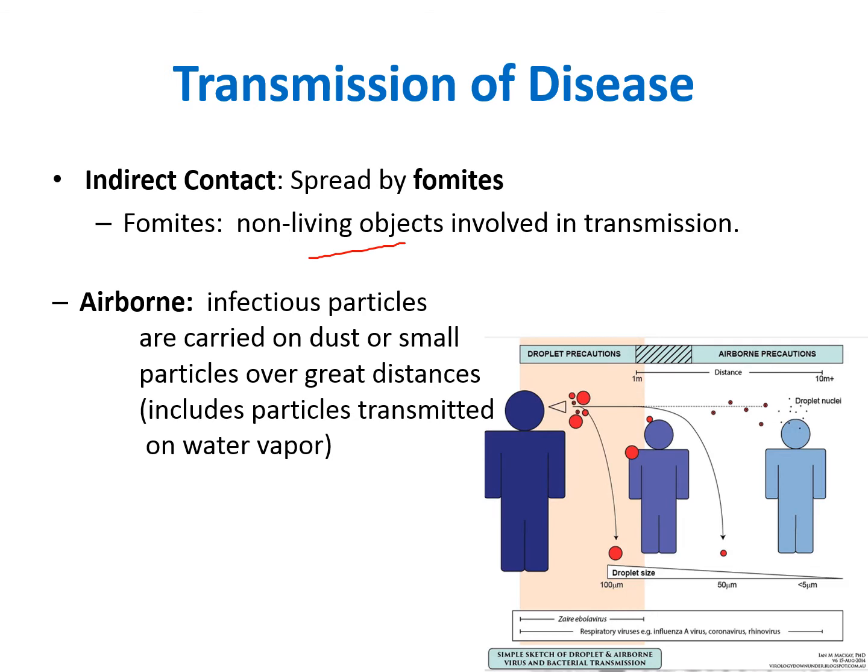Fomite transmission occurs when germs are left on an object and a susceptible host comes by and touches that object, becoming infected soon after. Earlier this semester, we talked about how fungal diseases like athlete's foot are transmitted when people walk in bare feet along contaminated floors at the gym. During cold and flu season, doorknobs, dirty dishes, and dirty tissues are common fomites, as people who are perhaps in the late incubation period, prodromal period, or period of decline for cold and flu may use these tools after blowing their nose or sticking them in their mouth.